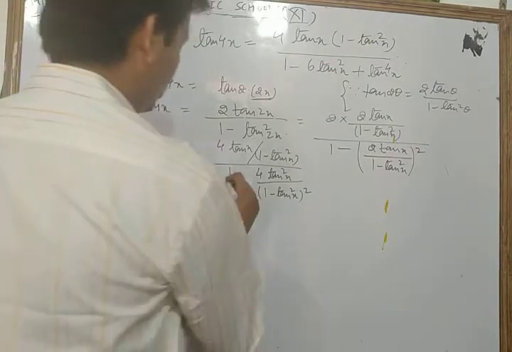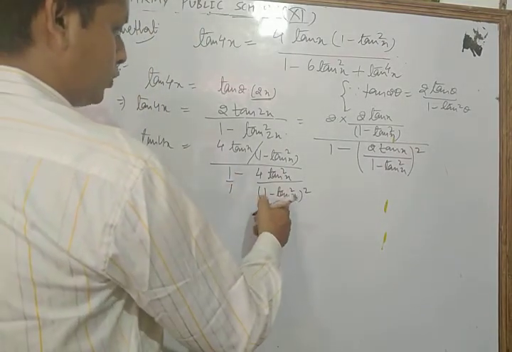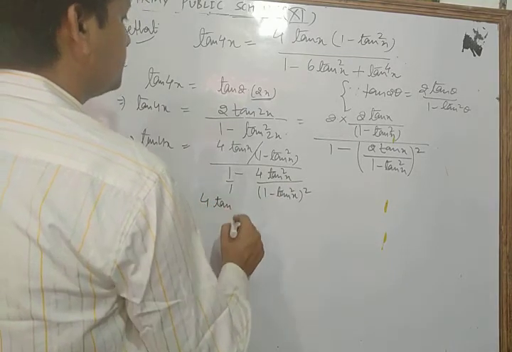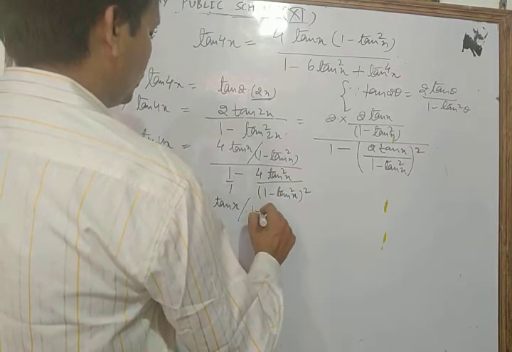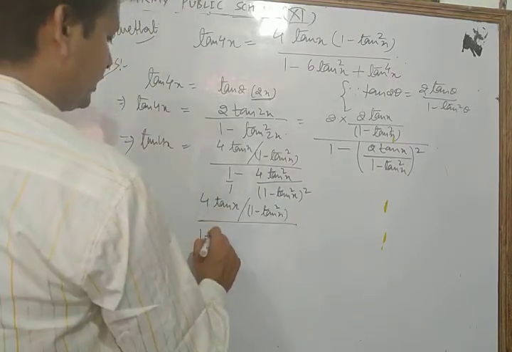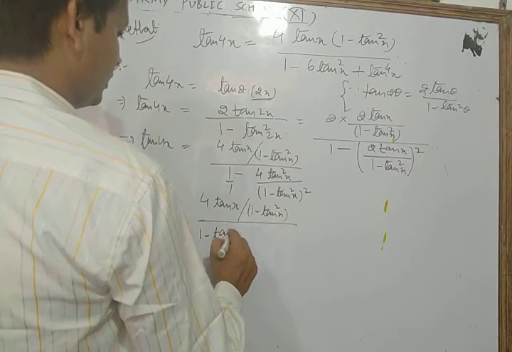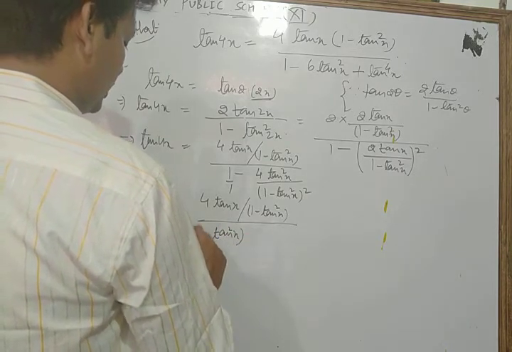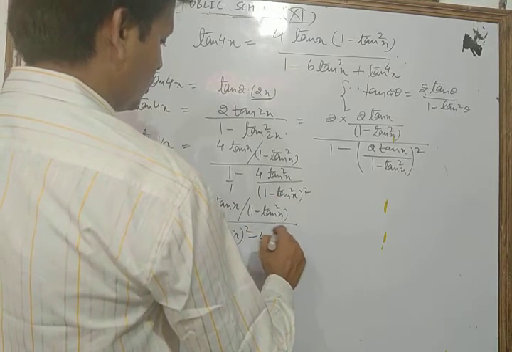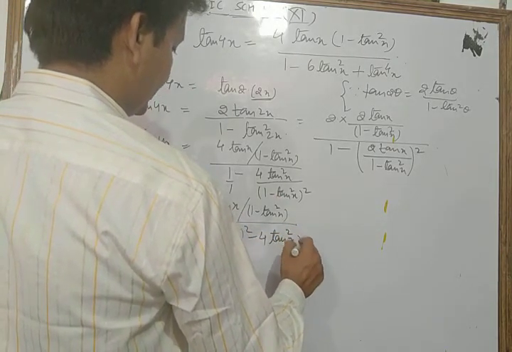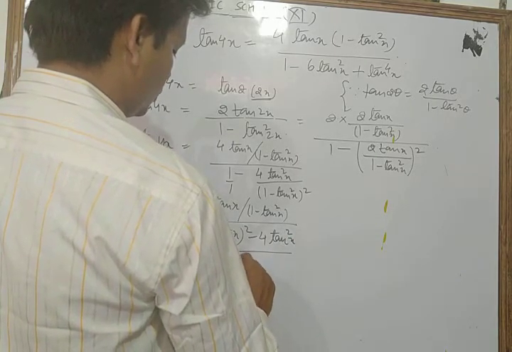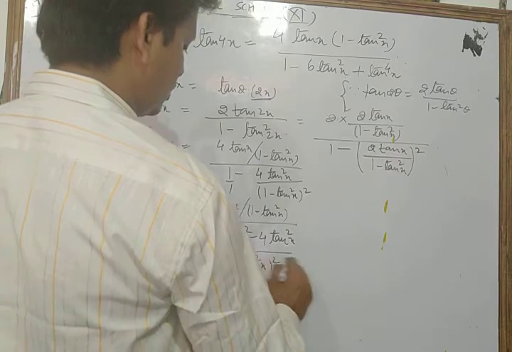Okay, now in the denominator we take (1 minus tan square x) whole square as LCM, so we get 4 tan x upon 1 minus tan square x upon, we take LCM, we get (1 minus tan square x) whole square minus 4 tan square x upon (1 minus tan square x) whole square.